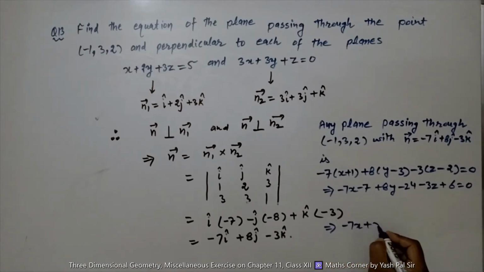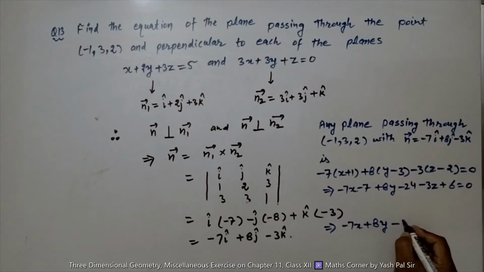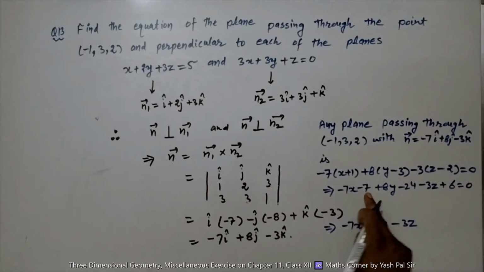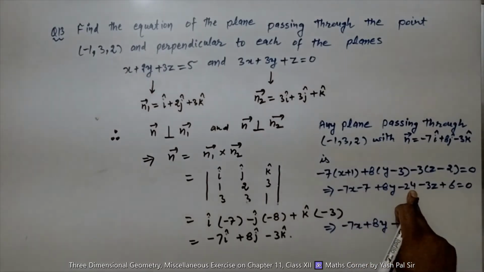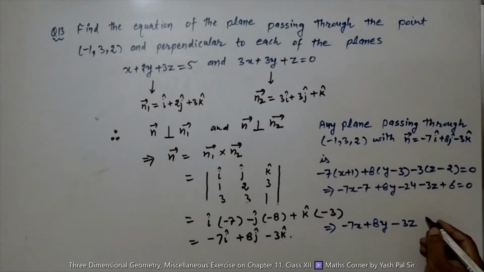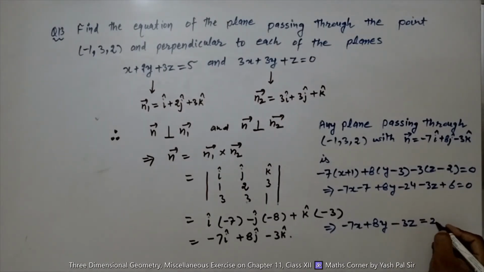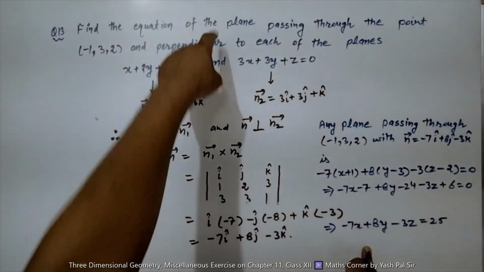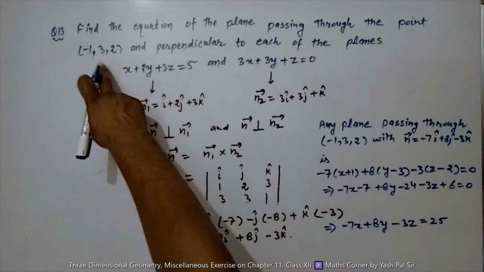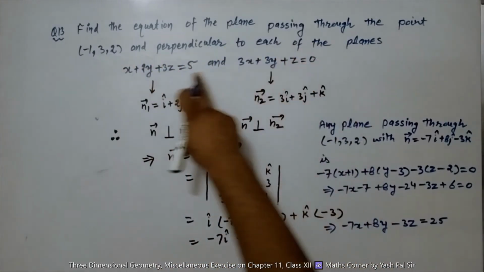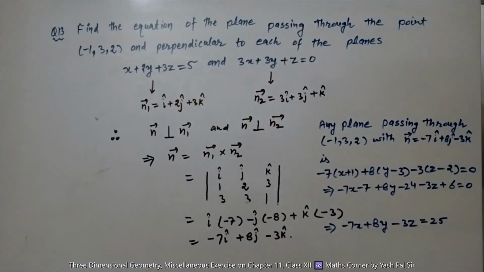So that means minus 7x plus 8y minus 3z, minus 7 minus 24 becomes minus 31, plus 6, plus 20 is equal to 25. So this is the required equation of the plane which passes through this point and which is perpendicular to these two planes.